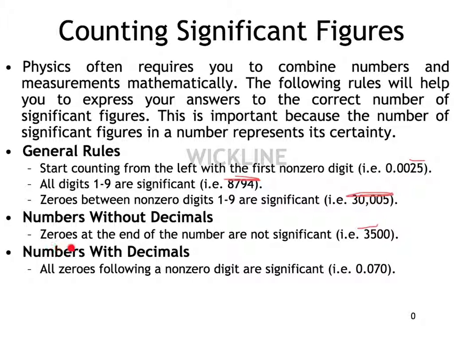But this rule for a number that has a decimal says that the zeros that follow the 7 count. So the 7 definitely counts and the 0 after it counts, but not the zeros before. So in short, the number of significant digits in each of these values is 2, 4, 5, 2, and 2.